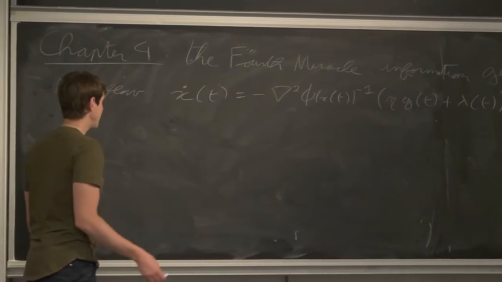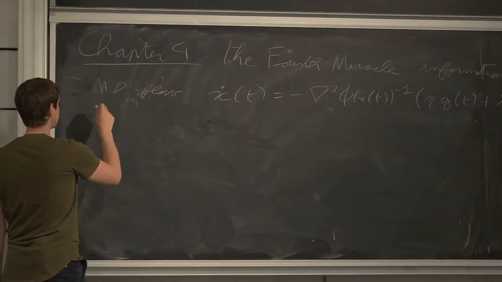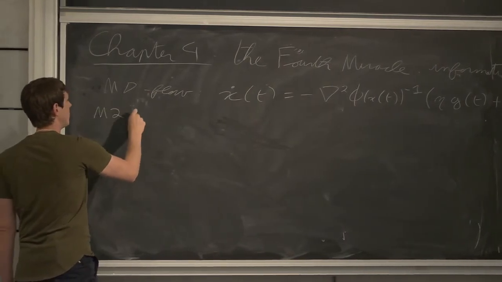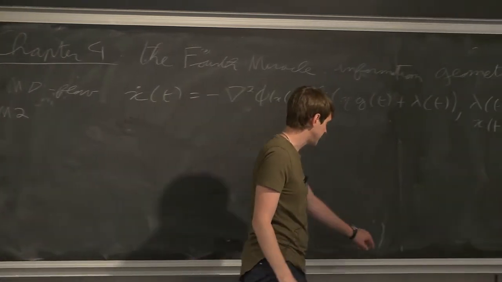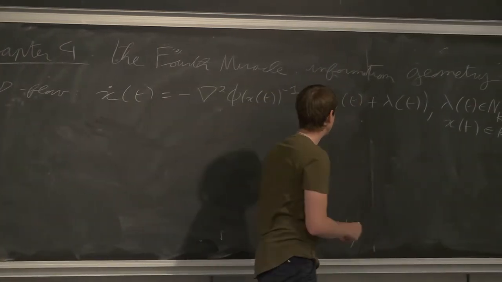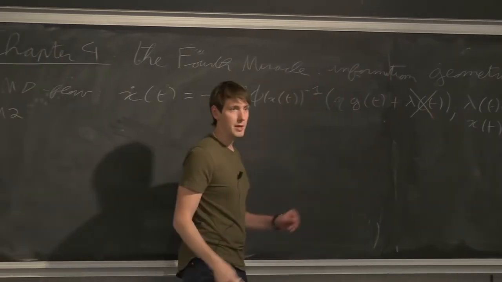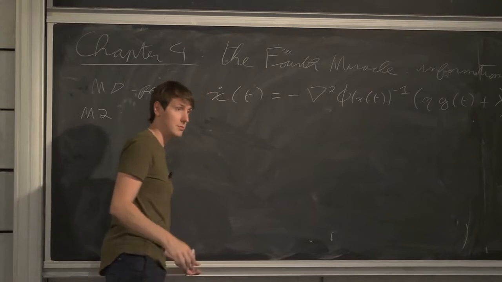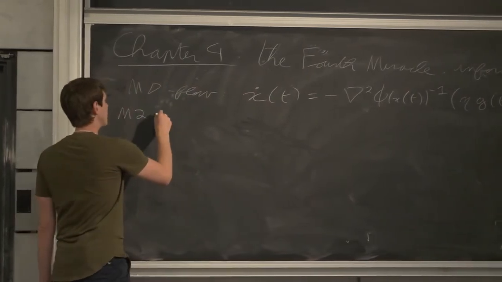So you remember the various miracles. The first miracle was just some robustness. The second miracle was the following calculation. To discretize, for the moment I'm going to ignore the Lagrange multiplier. I'm just going to assume that I run without any constraint. So what was the second miracle?